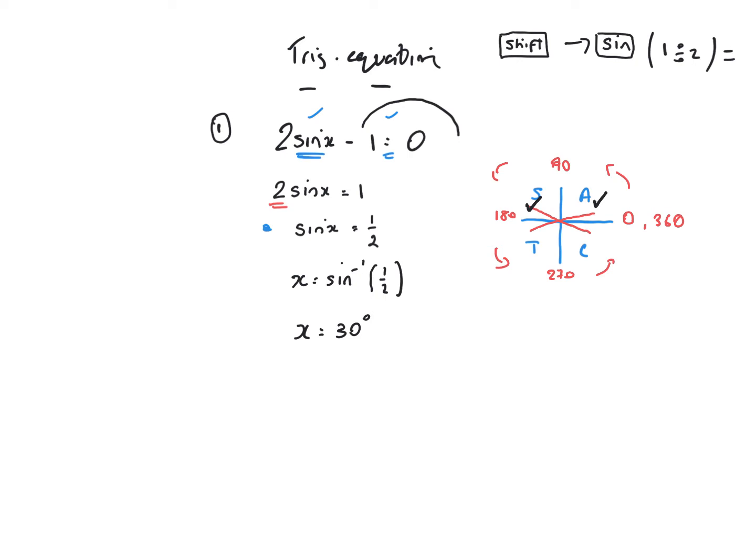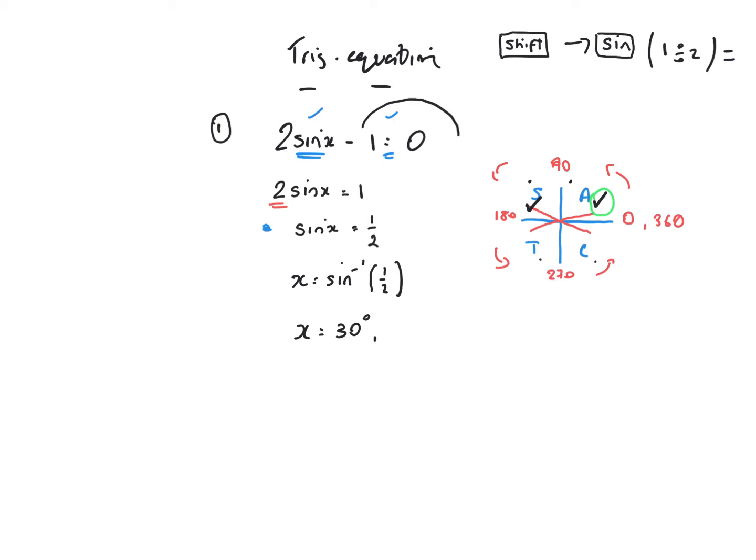Okay, so you should get an answer then, which is 30 degrees. That is the answer in the all quadrant. Your first answer is the answer in the all quadrant, so that was 30 degrees. Now, to get the answer in the second quadrant, so they're called quadrants because the thing's split into 4 bits, our answer is in this sine quadrant. So you look where you get your 2 ticks. The first tick is in all, that's 30 degrees, and we're looking to get the answer in the sine quadrant.